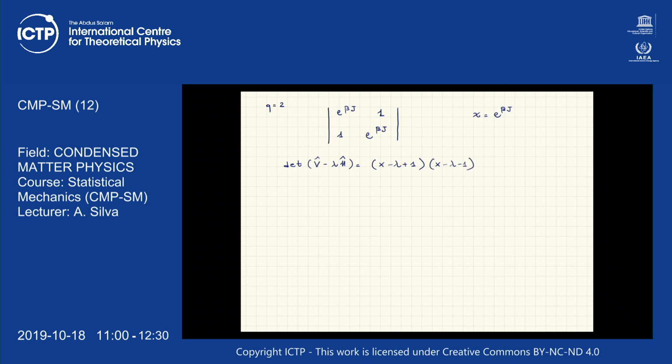Just do it. And then you find that you have two eigenvalues, lambda equal to x plus 1 and x minus 1. All right, so this is q equal to 2.